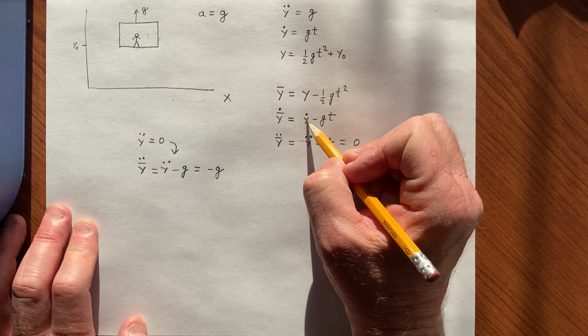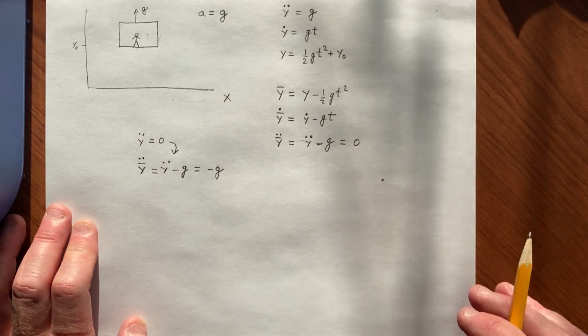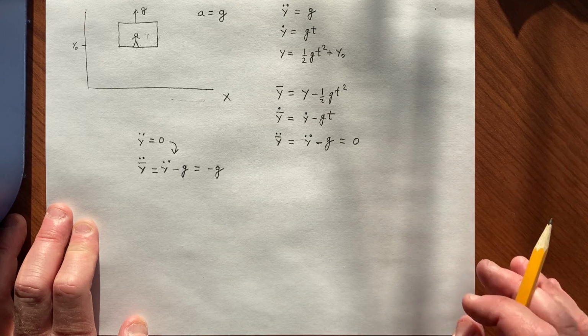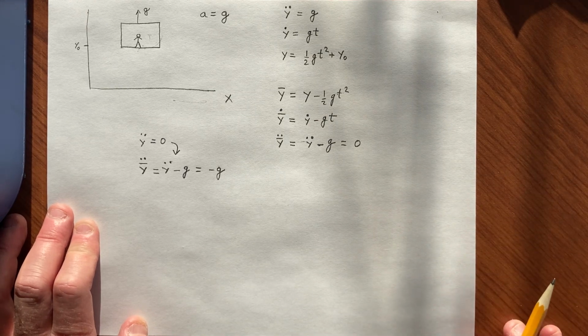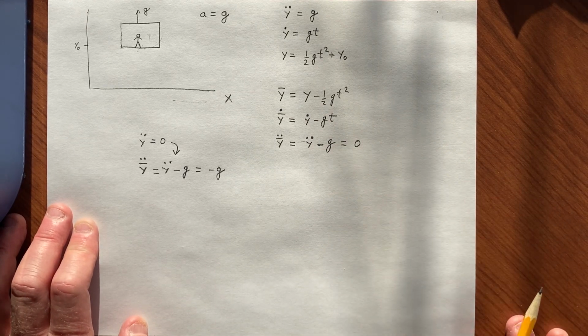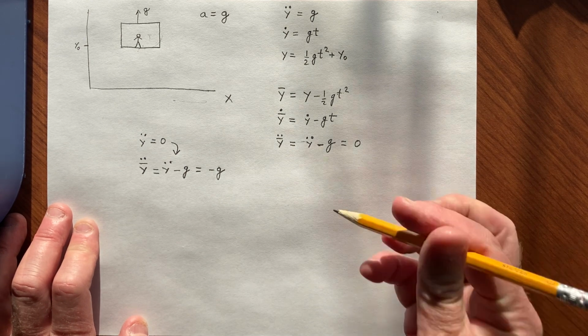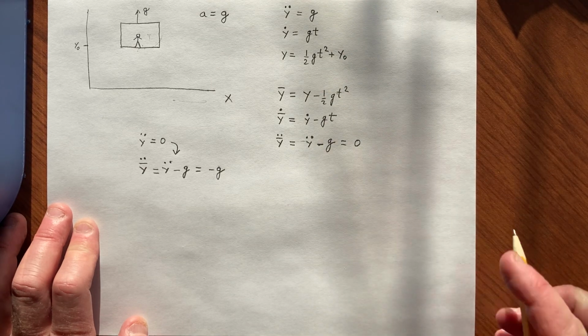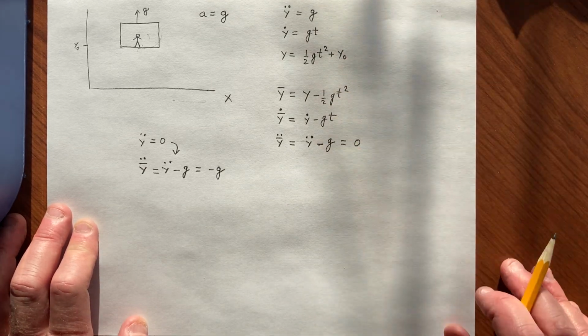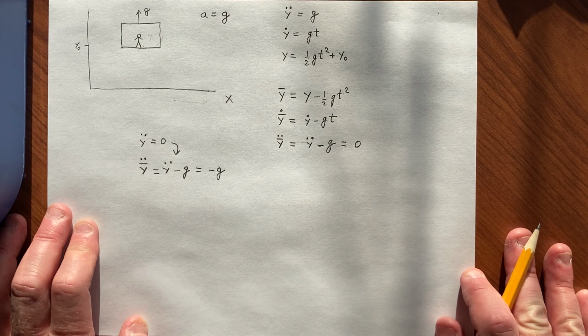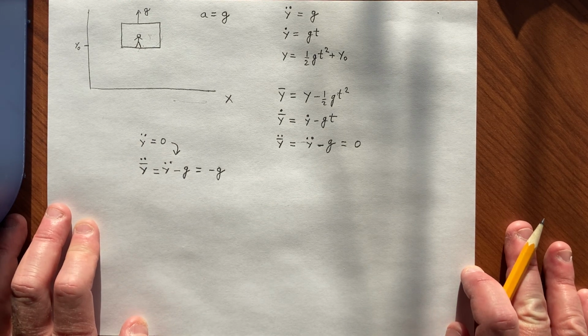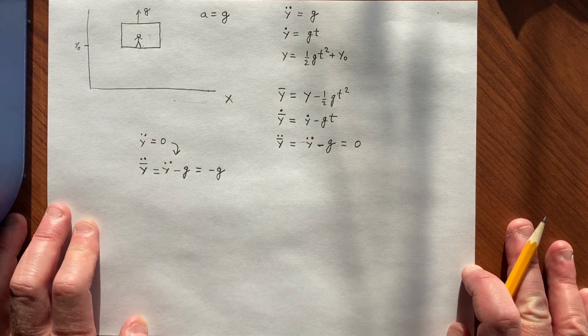So we can then change back to these coordinates or jump out of this accelerated frame and therefore eliminate the uniform gravitational field. So it looks like there's this question, is gravity really a pseudo-force? And the answer is no, because a real gravitational field is non-uniform. And so these kinds of coordinate transformations create or eliminate a uniform gravitational field, but you can't do that for a non-uniform gravitational field.